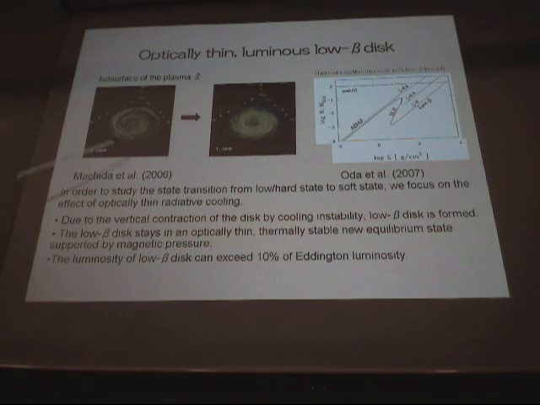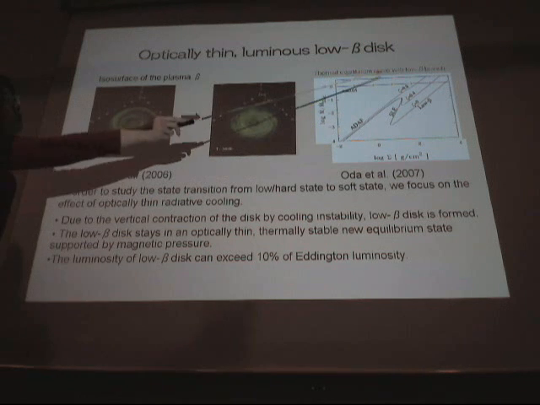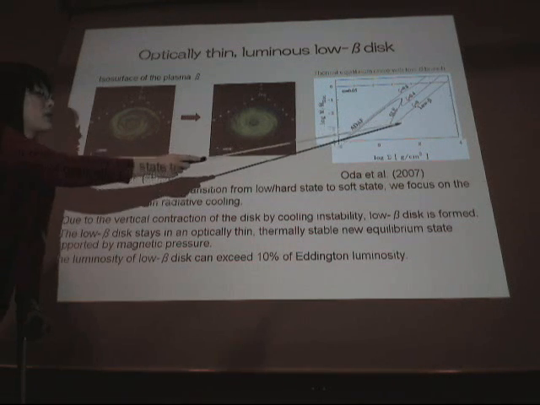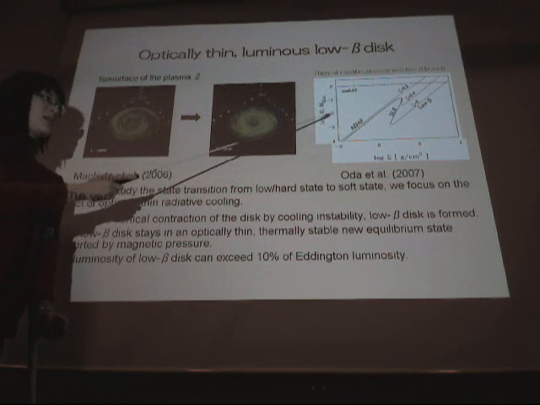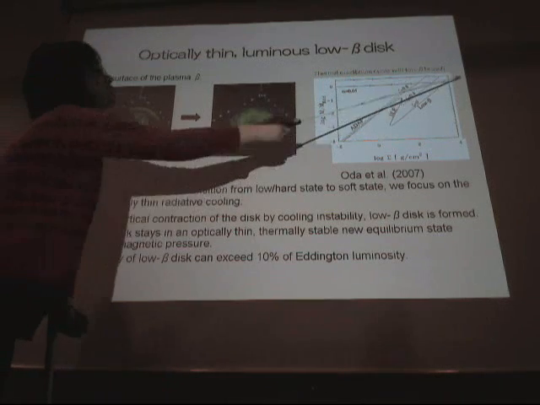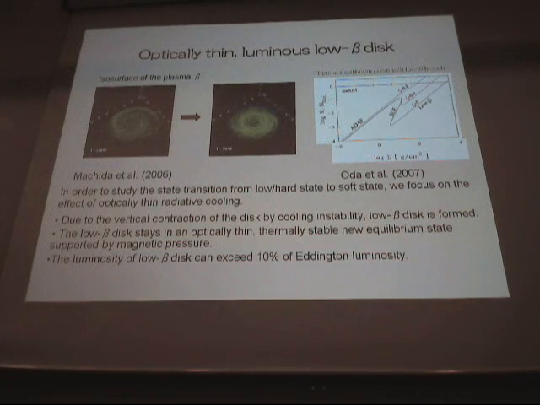This panel shows the thermal equilibrium curves with the magnetic pressure. This low beta branch can continuously connect from the low optically thin part to the optically thick part. And this low beta disk stays in an optically thin and thermally stable new equilibrium state supported by magnetic pressure.